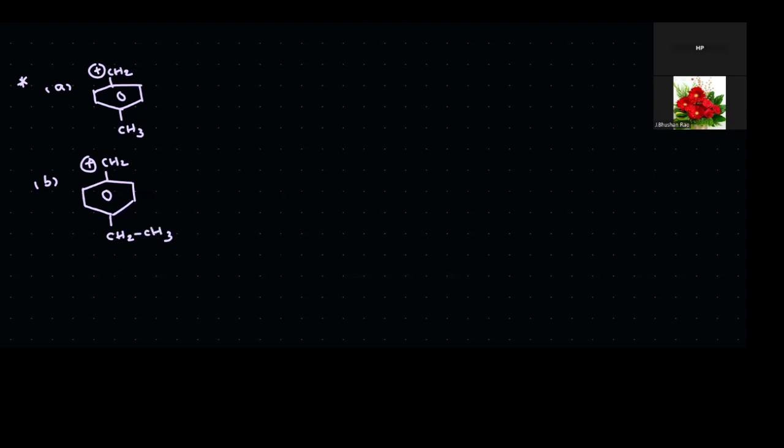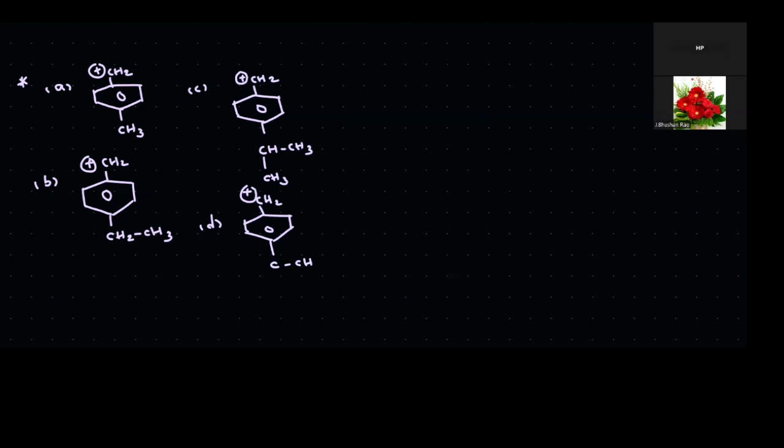Next, compound C, benzyl carbocation, here CH3 bonded to CH3. Next, D, benzyl carbocation, here C. So these are the compounds given.